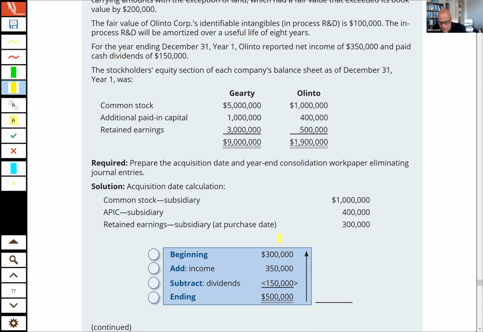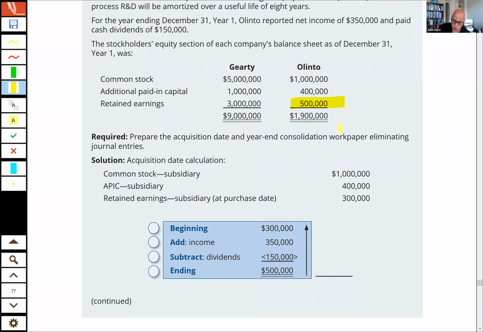Now, having said that, a couple things that are tricky. What the exam likes to do a lot of times is give you the ending balance of the subsidiary's retained earnings. But remember, for our consolidating entry, we would have to do what? We would have to take off the beginning retained earnings of the subsidiary. So if that's the case, they would have to tell you the amount of the subsidiary's dividends, which they did up there.